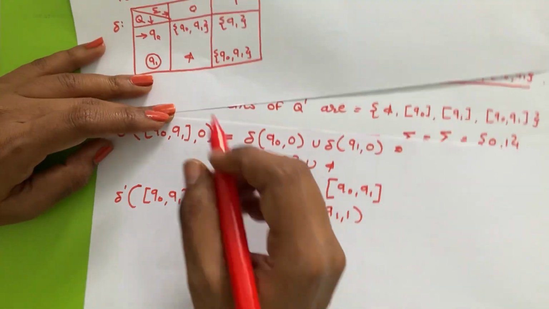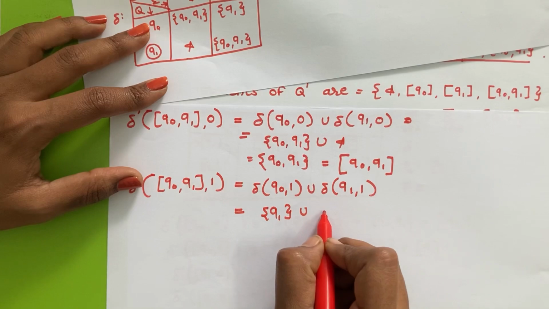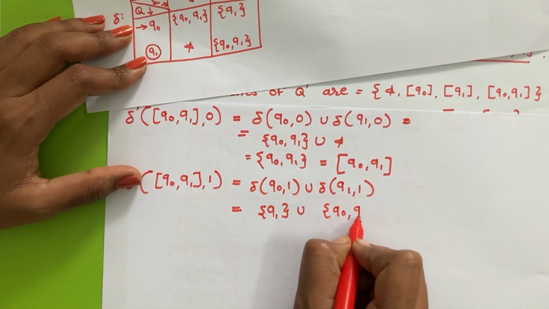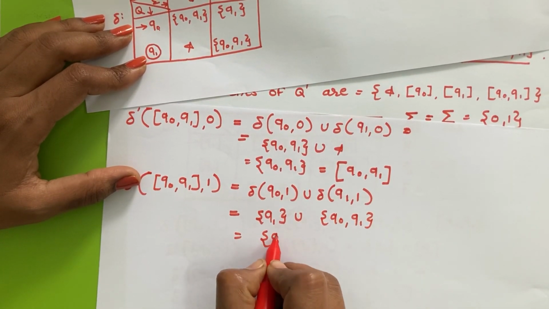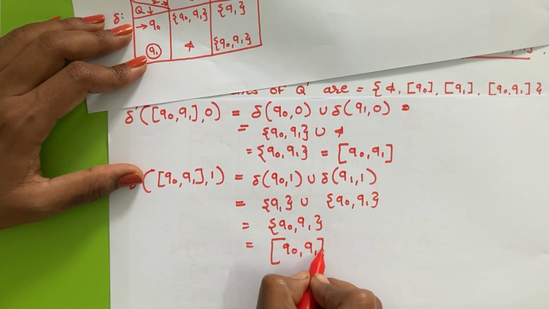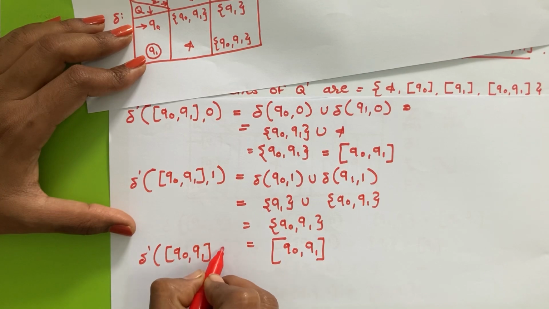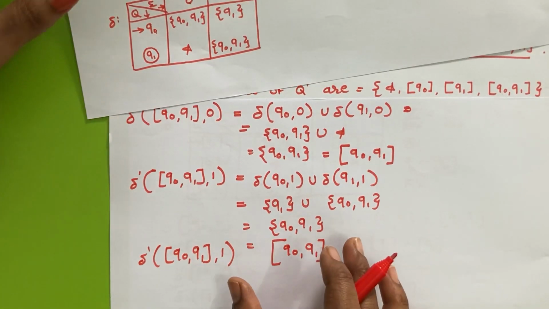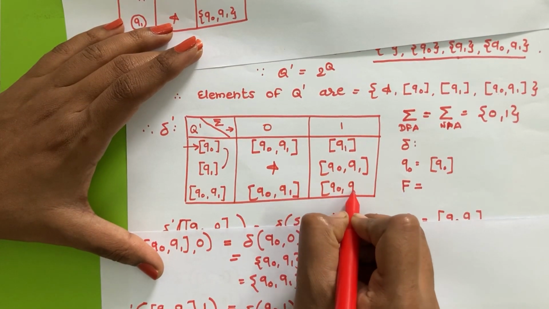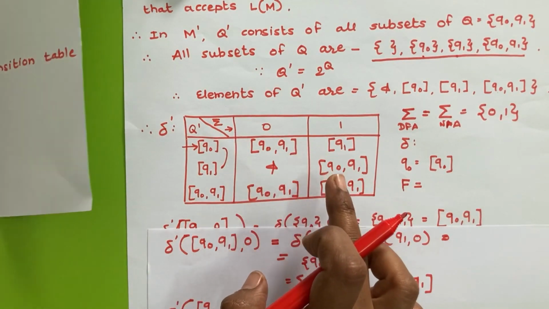So δ(Q0, 1) is Q1, union δ(Q1, 1) is Q0 Q1. The union of these two is Q0 Q1, and we will rename it as [Q0 Q1]. So δ' of (Q0 Q1, 1) is Q0 Q1. We'll add the entry in δ' as Q0 Q1. So we have received all the transitions of δ'.